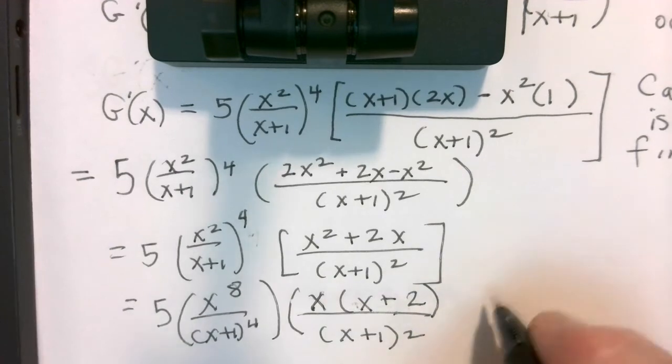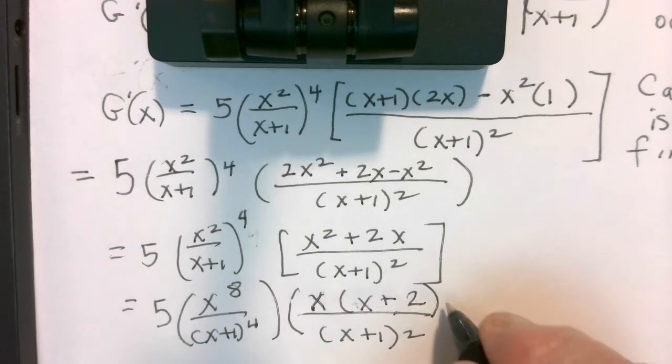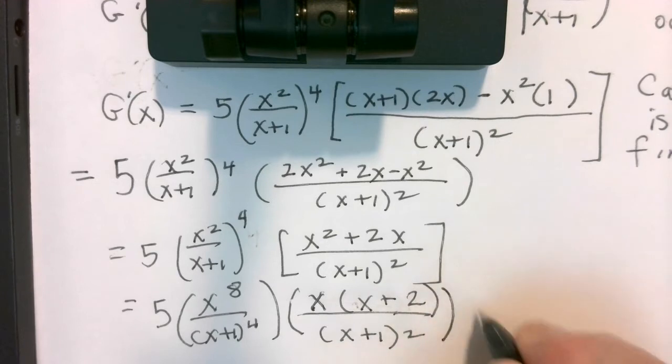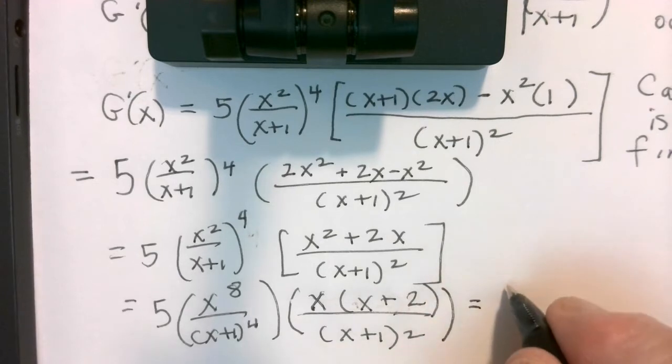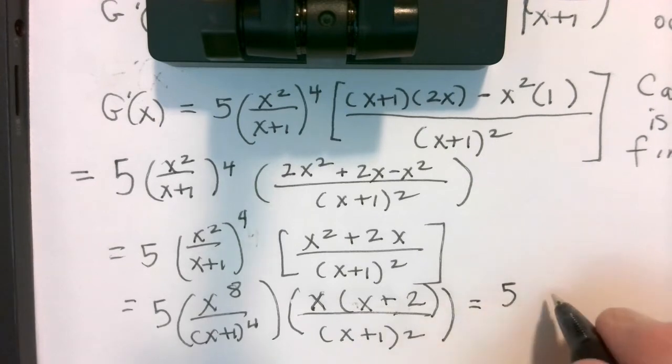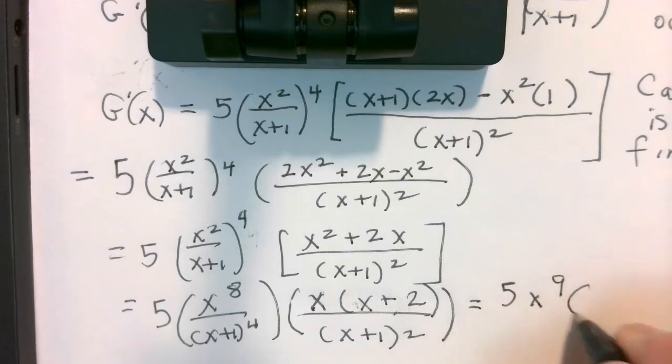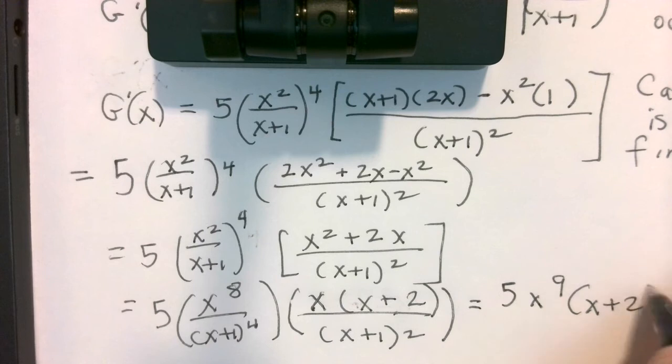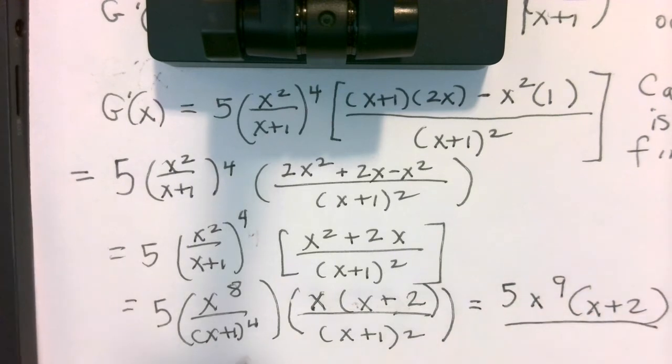Okay, so I can go ahead then, let me just put a paren here, and go 5. And if I combine the x's, that'll give me x to the 9th and I'll have an x plus 2 in the numerator, and then I'm going to combine the denominators because they're the same base.